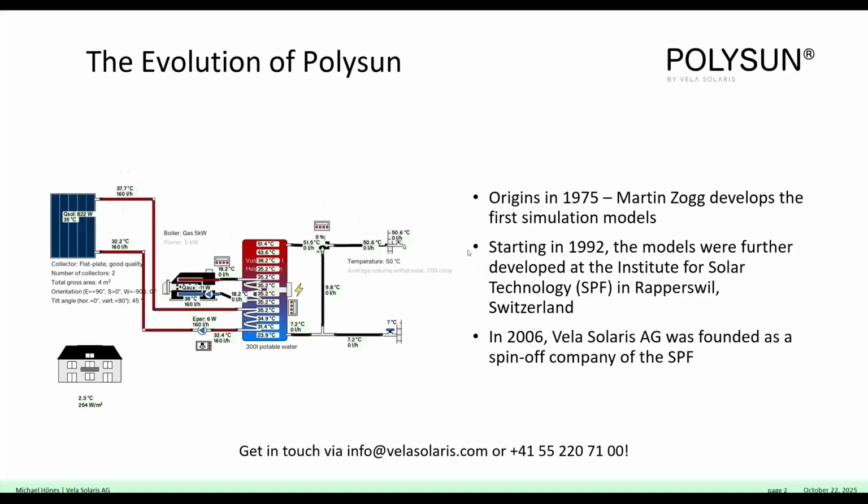Let's have a look at where we are coming from. So Polysan is a simulation engine that started in 1975 when Martin Zock developed the first simulation models. As you can see here on the left-hand side, these were focused on solar thermal systems. And already in solar thermal systems, it's really important how much solar yield we have on the solar collector, what temperature it reaches, what temperature we have in the buffer tank, and then how much energy is actually withdrawn. This focus on energy and temperatures has been developed further.